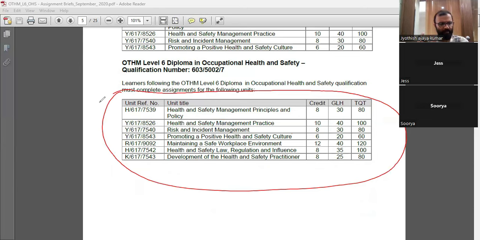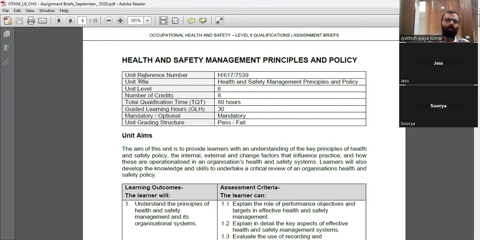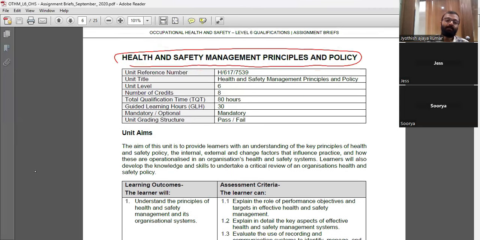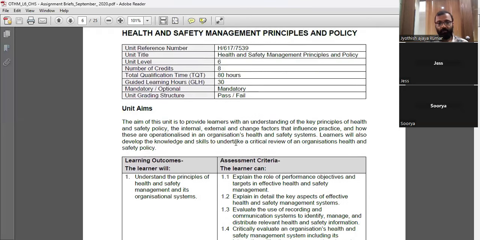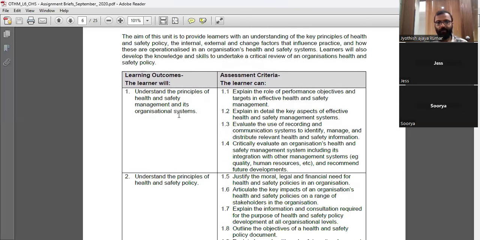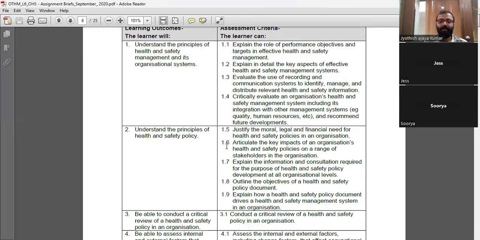Okay, very simple thing. So now what we have to do is that HSC management principle and policy is the first unit. Each unit has its aim, its objective, its marks, then the grading structure, what the learner will learn, the learning outcome, and the assessment criteria.